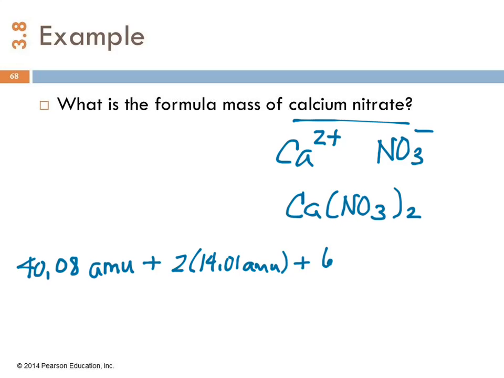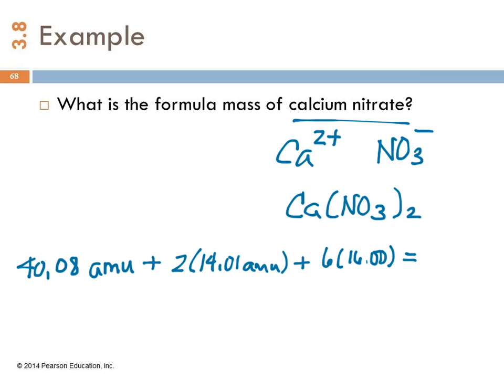So 6 oxygens, we look up the mass of oxygen. And then we get out our calculator and punch it through. I do not recommend rounding atomic masses to more than 4 significant figures.